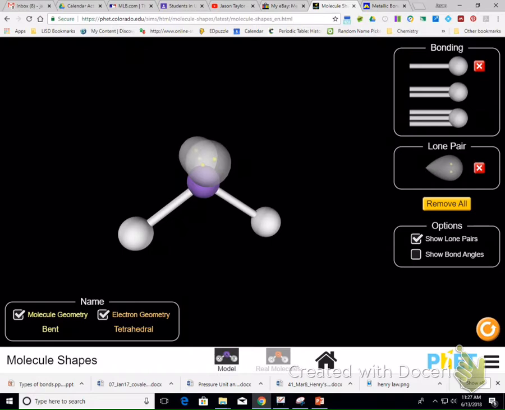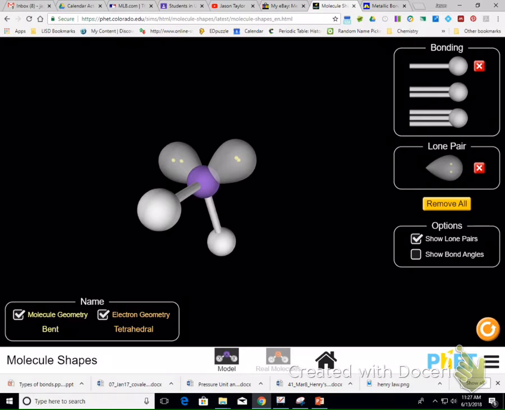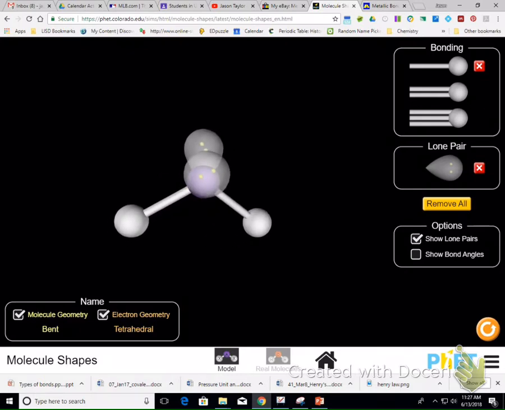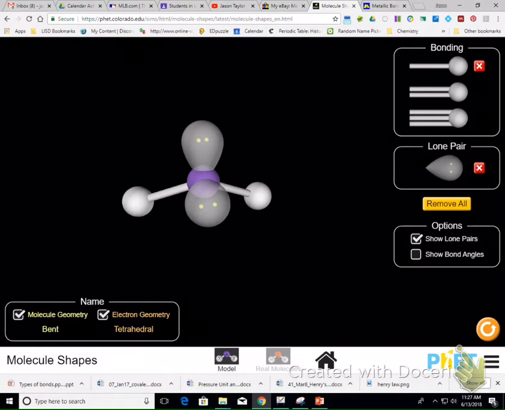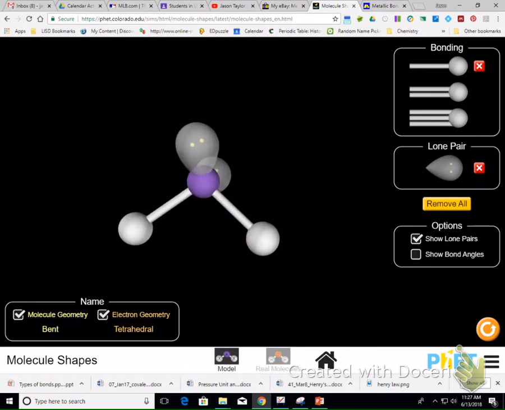You can see that the lone pairs will occupy the same plane. That will always be the case. It didn't matter which of these I replace with a lone pair, they will always occupy the same plane to maximize the distance between them. Okay? So those are the three subsets of tetrahedral. Tetrahedral, trigonal pyramidal, and then the bent shape.